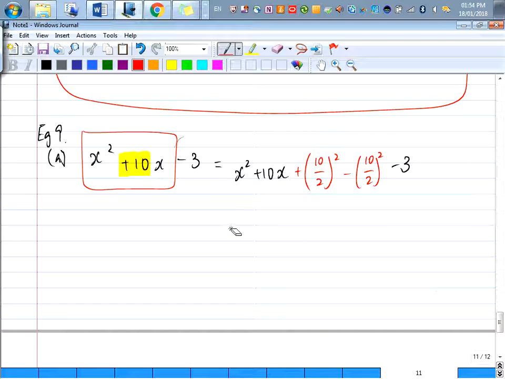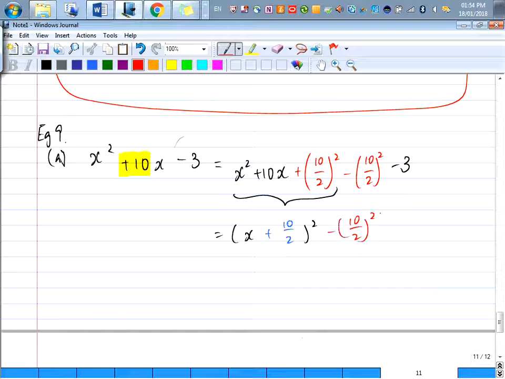Now, we don't need these red boxes to help us already. Where is my completed square? Which terms are they? These 3 terms give me my completed square, isn't it? This is x plus 10 over 2 squared, minus 10 over 2 squared, minus 3.